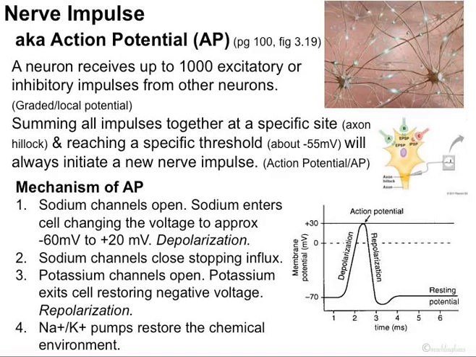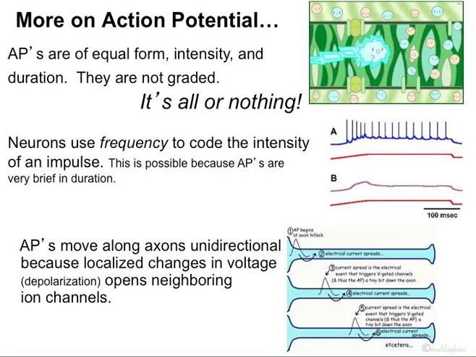They reestablish the chemical environment, with more sodium on the outside and less on the inside, as well as more potassium on the inside and less on the outside. So this is an electrochemical event. We move chemicals around, and with them we pull a charge, and that makes it electrical. That's why it's a little bit complicated.